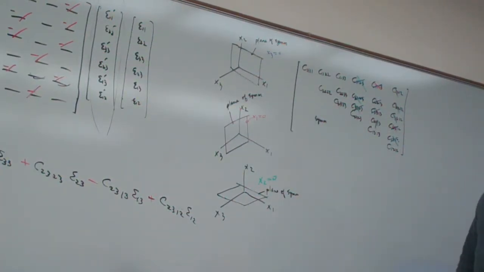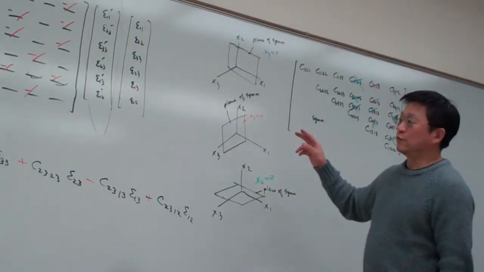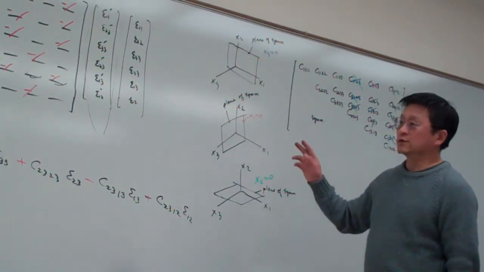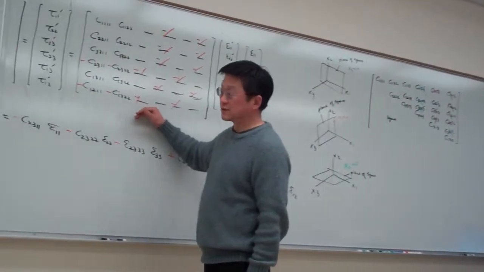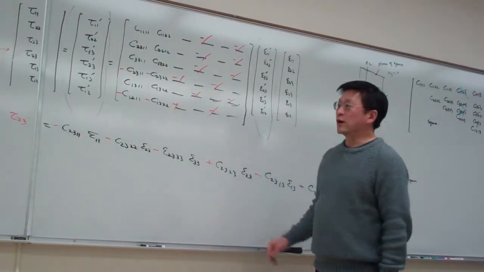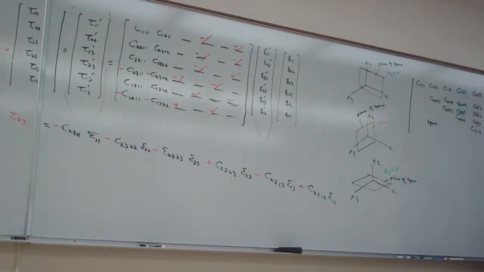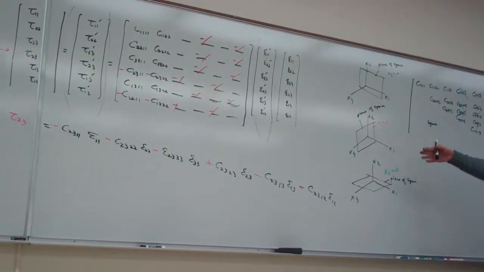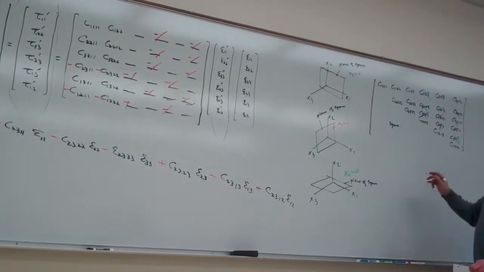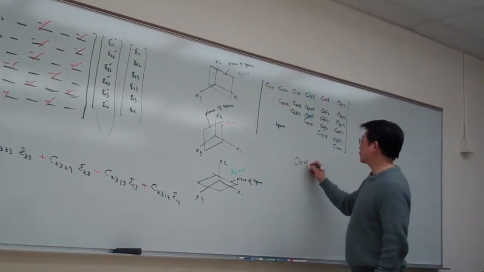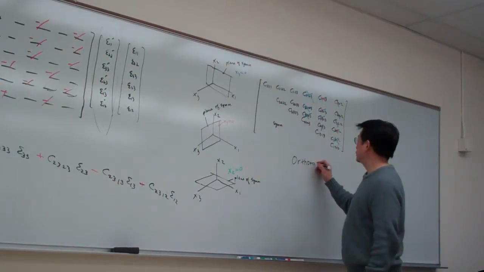So far we have successfully applied the exercise for what we call the plane of symmetry, to simplify the contents of the stiffness matrix for describing the material symmetry properties. Here we can use the result of the three combined operations. We define orthotropy.